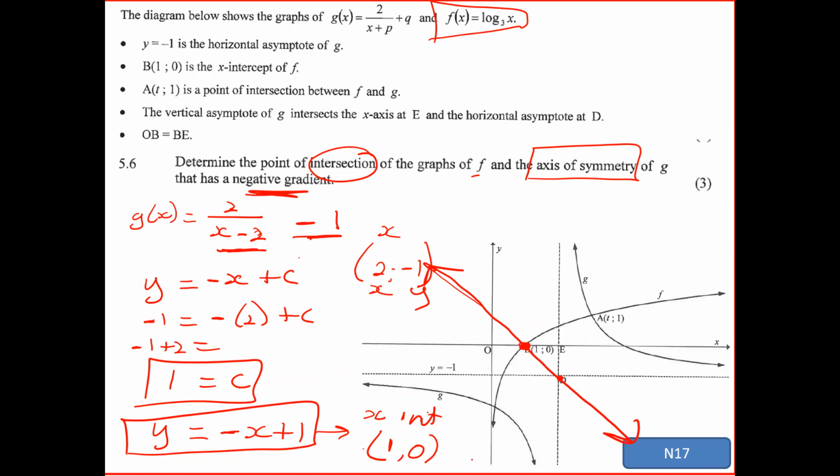And that's also the x-intercept of the actual log graph. Okay, so we have completed that question.